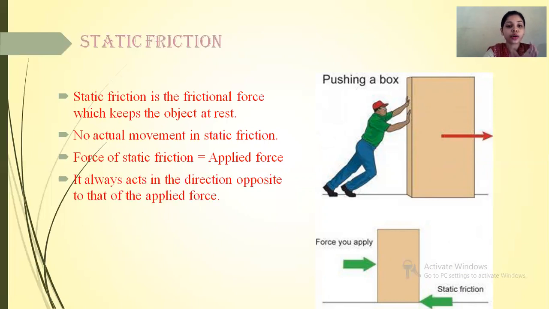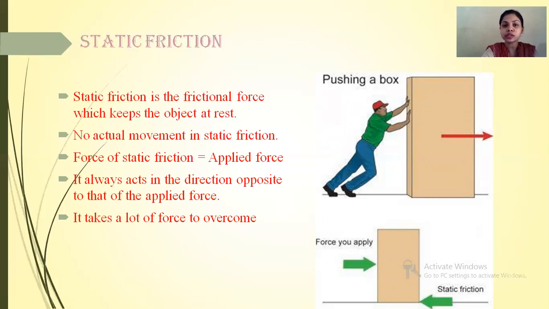It always acts in the direction opposite to the applied force. If you want to overcome static friction, you require a lot of force. So static friction is simply the frictional force which keeps the object at rest.